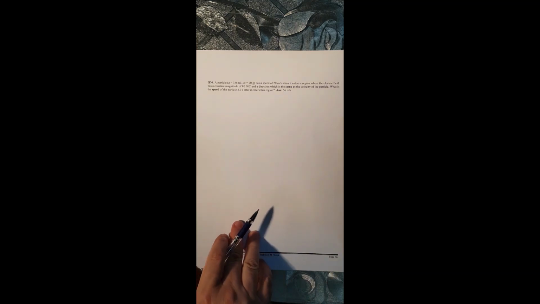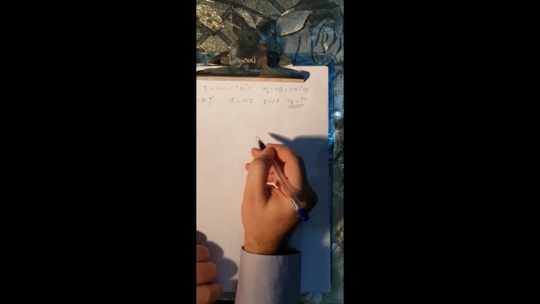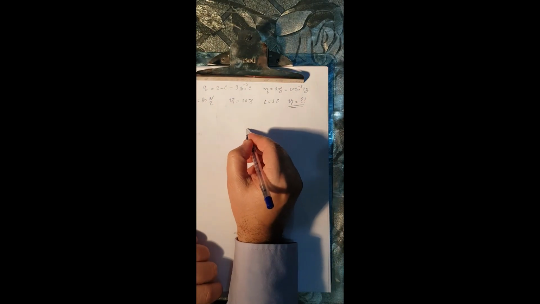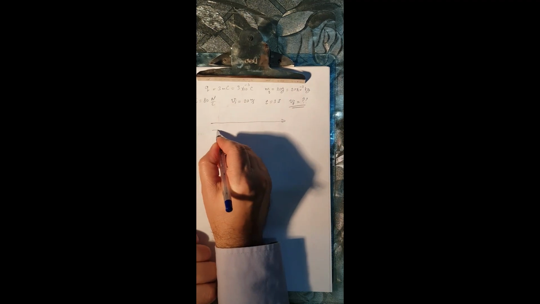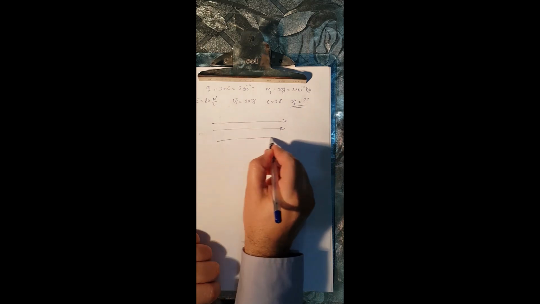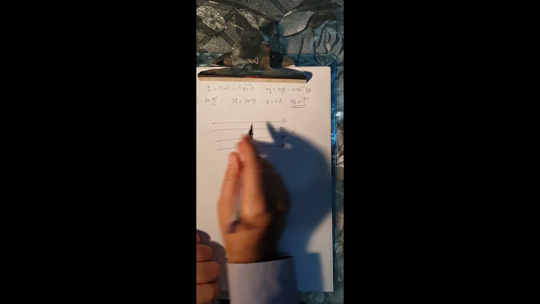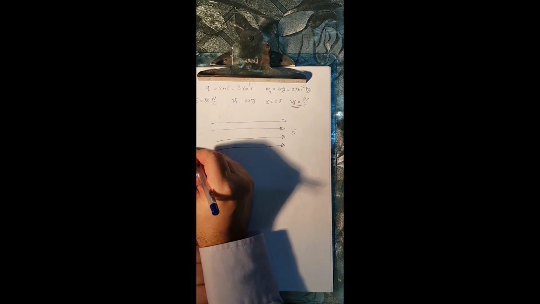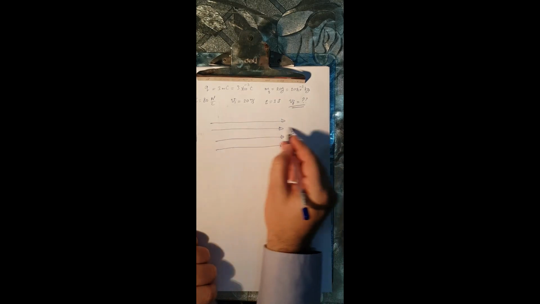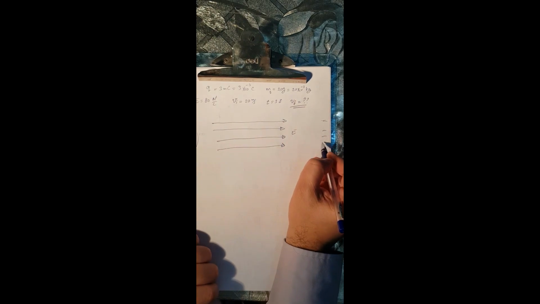So this is the question. Let's do a sketch and see how we can solve this one. Here, let's say we have an electric field going from left to right, and it's constant. When it's going from left to right, it means you assume that this side is positive, the source which gives you this electric field, going to somewhere far away negative.